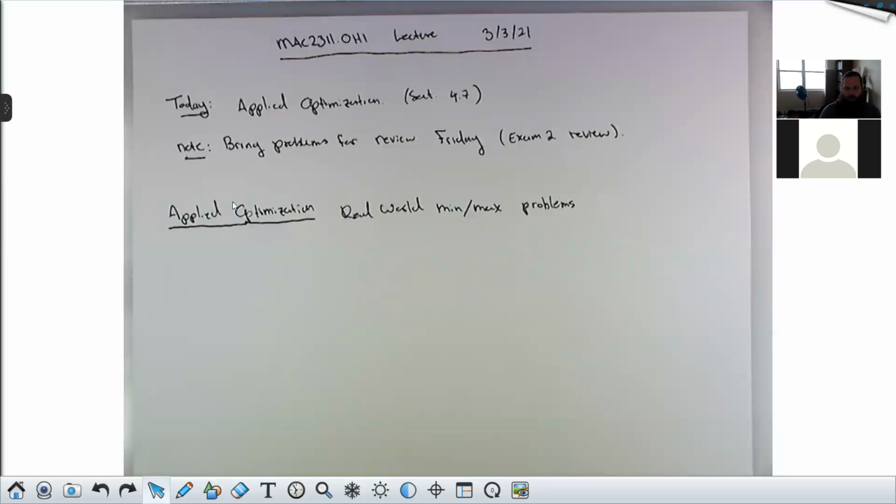Where you have some sort of thing you must do, and you have some sort of constraint, and you want to do the thing in the most efficient way possible, subject to that constraint. And the way it works out is you're looking for absolute mins and absolute maxes. You're going to take some real world situation, you're going to write some equations down, and then you're going to try and find the absolute min or the absolute max of one of those expressions.